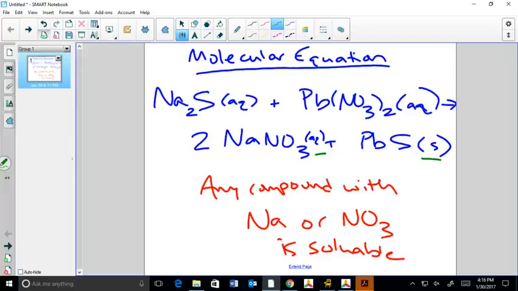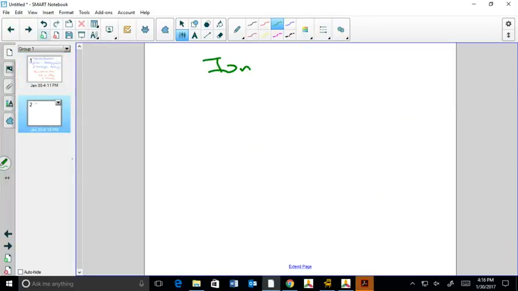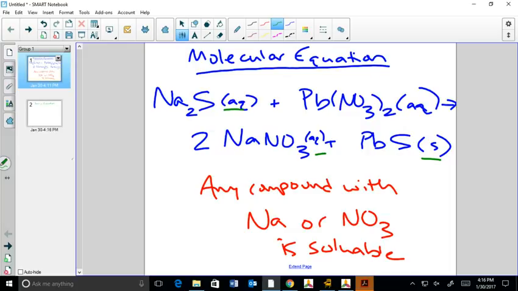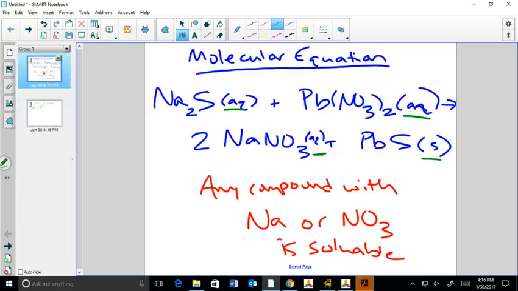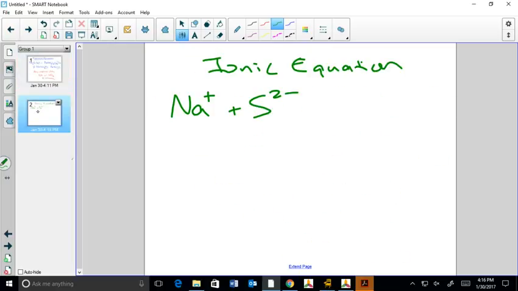We would now like to please write an ionic equation. And the ionic equation is simply where I take all of the aqueous solutions and I break them into their pieces. So therefore, I have Na, becomes a positive, plus S, which is a 2 minus. But because I have two of them, I'm going to make this 2 Na+, not a subscript 2.